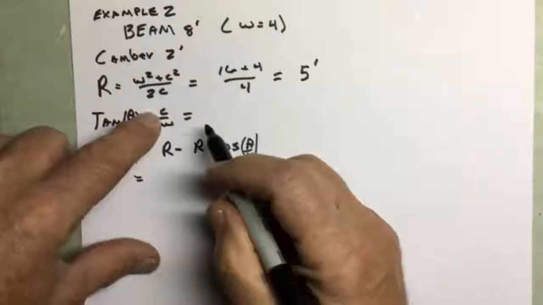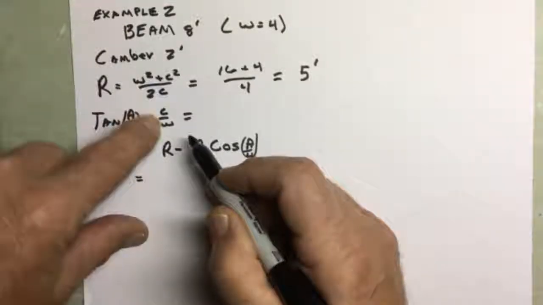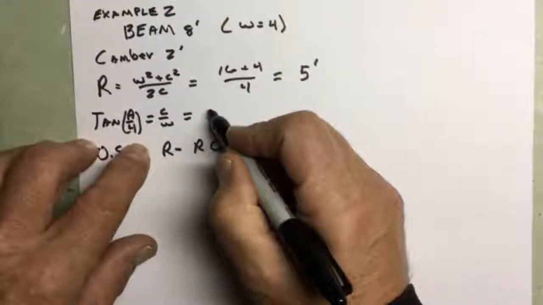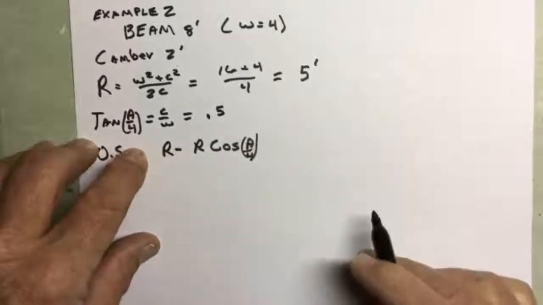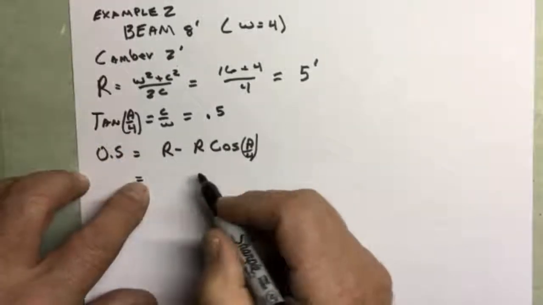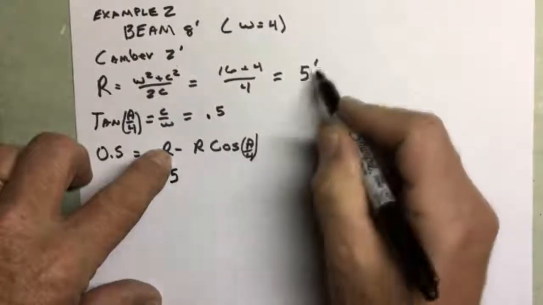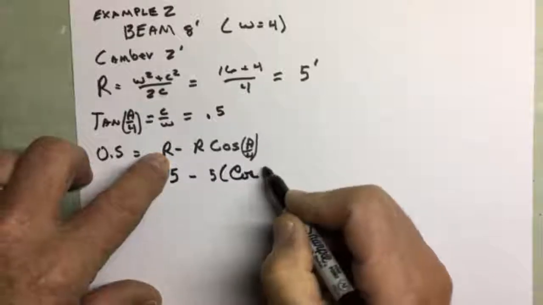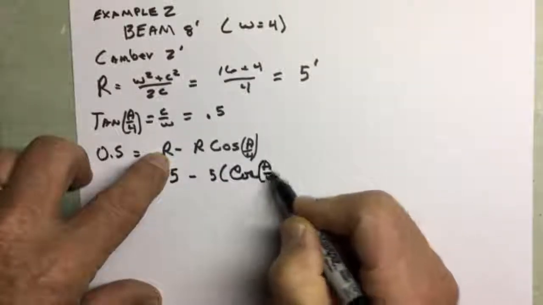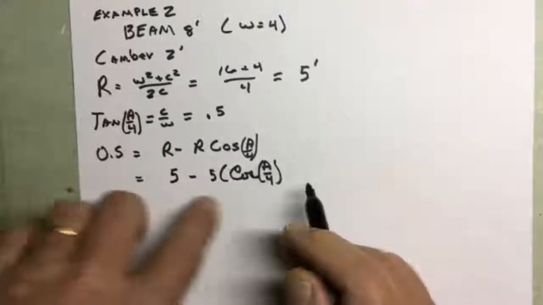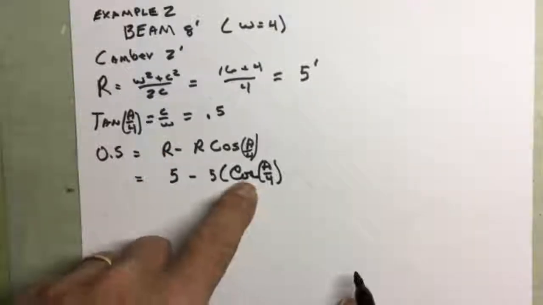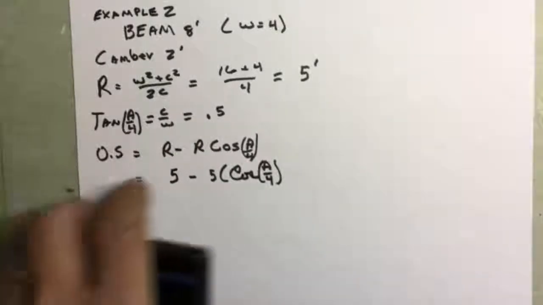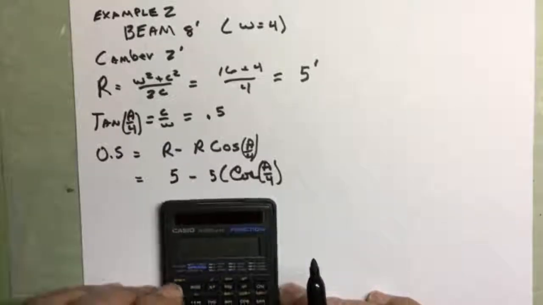The tangent of the angle will be C divided by W, 2 divided by 4, or the tangent will be 0.5. Our offset then will be 5 feet minus 5 feet times the cosine of alpha over 4. So let's go ahead and calculate out what that angle is using the tangent formula, and then finding what the cosine is. We know the tangent is 0.5.